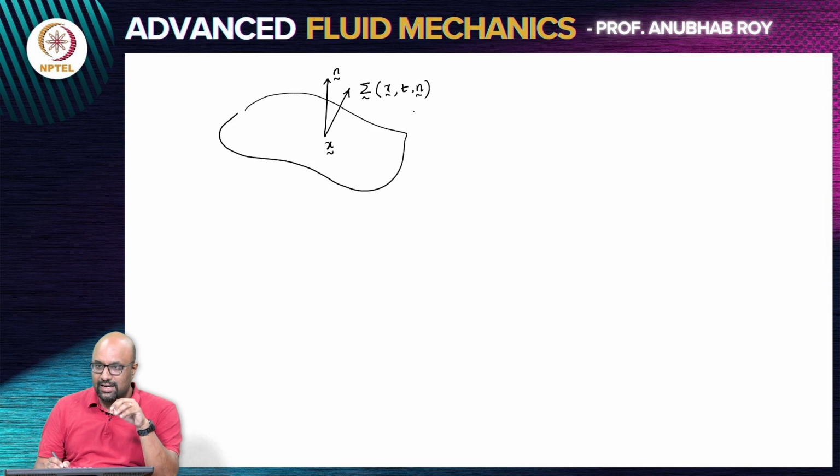So on that surface, at every point there is a unique normal that is defined. So the surface force at that particular point, besides depending on the coordinates, would also depend on the normal.